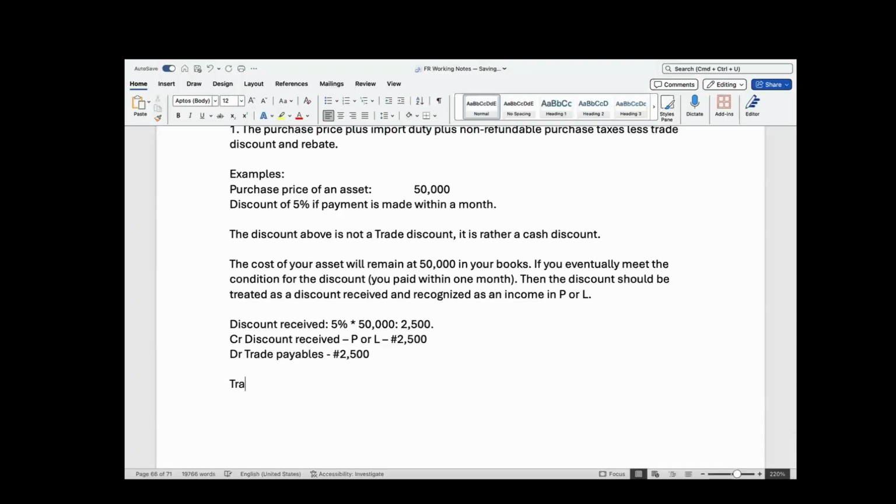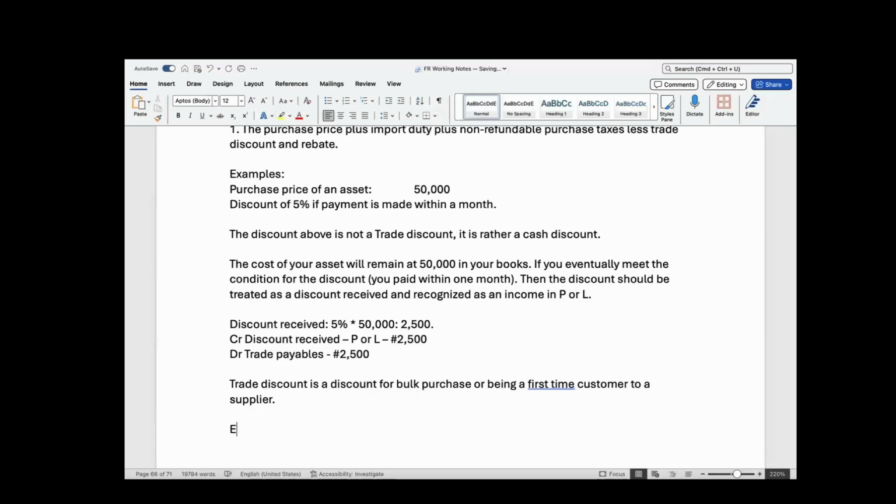The trade discount we are talking about is a discount for bulk purchase, or for being a first-time customer to a supplier. That is a trade discount. A trade discount is not attached to any condition.